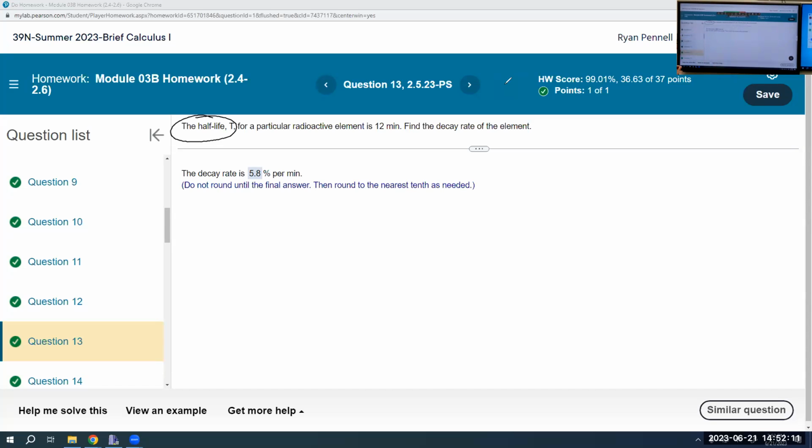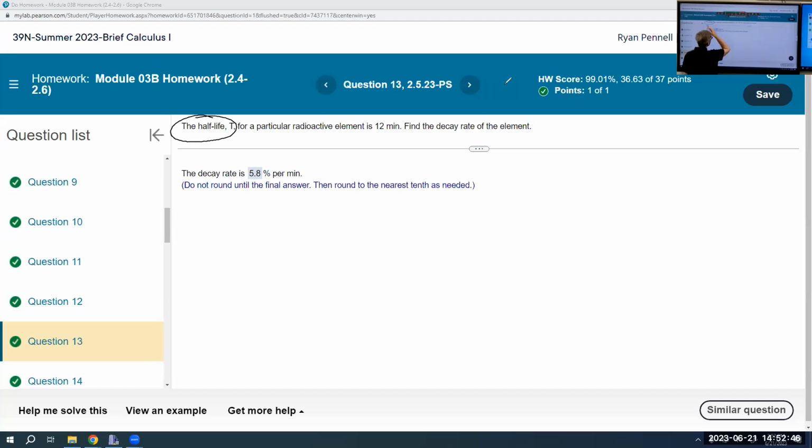Certain elements have a half-life. So there's a certain time where you have half of what you originally had. And since these elements or isotopes are natural, they are naturally decaying, which means they're continuously decaying. So we're going to use e. You could have a bank account that decays over time, but it would decay over, at most, seconds. That would be the fastest you could really do it.